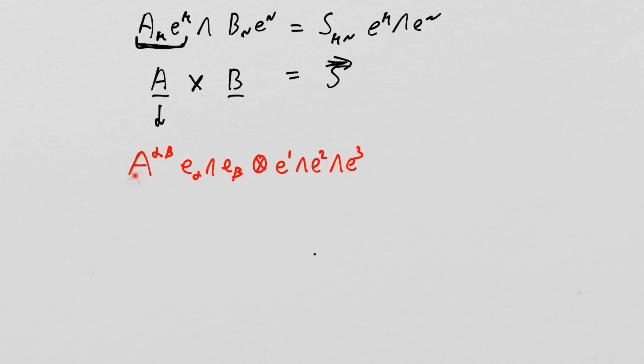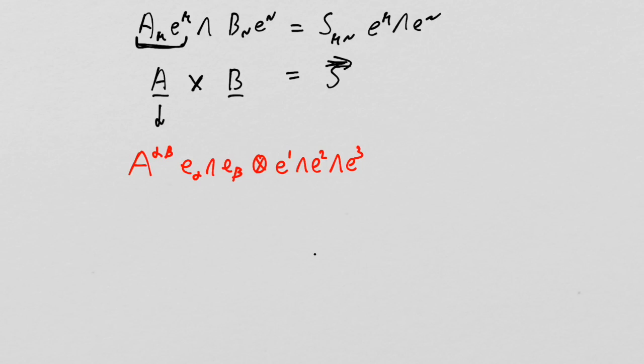Now notice this A alpha beta is totally different than A sub mu, because it has two different subscripts. This might as well be a different letter, but I'm keeping the letter A to show you this is the dual of this. So this guy here is isomorphic to that guy there, right? This stack, or this one form, has this isomorph.